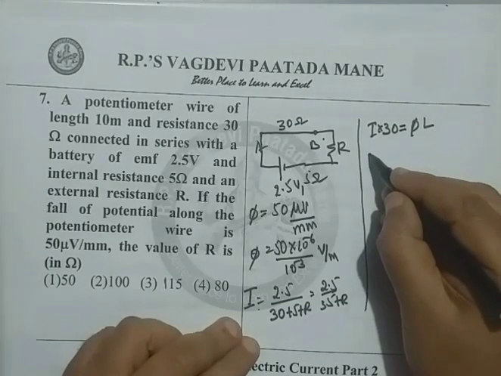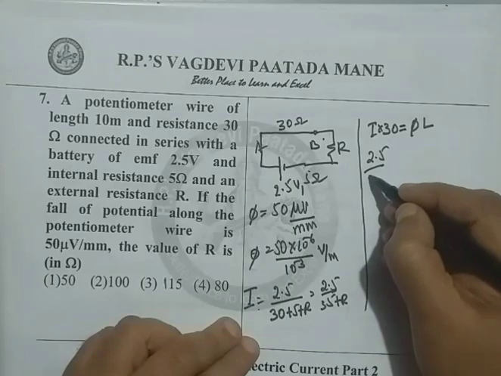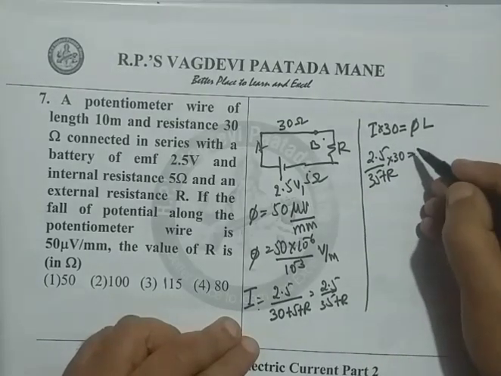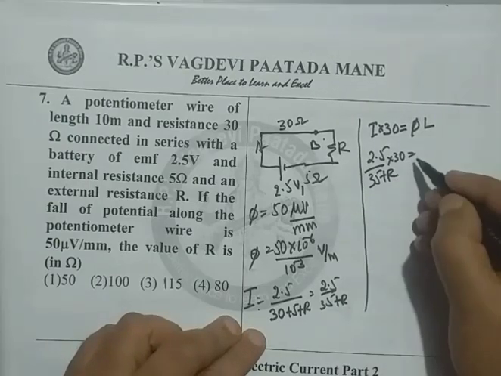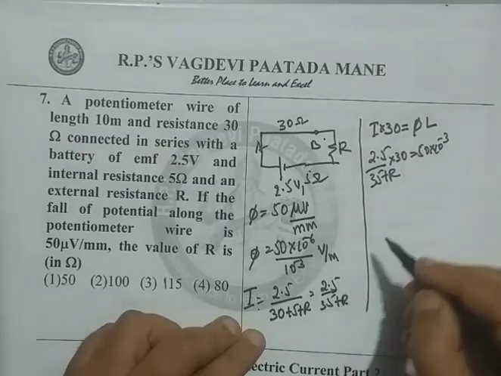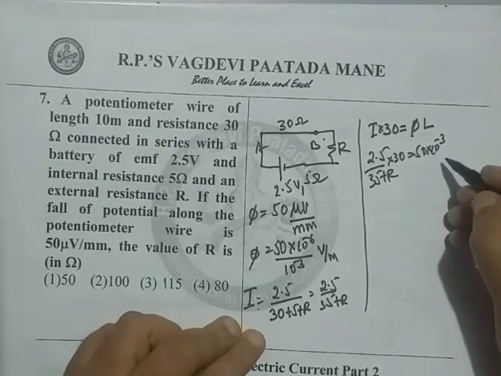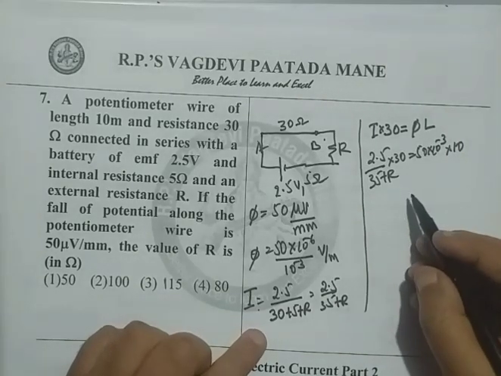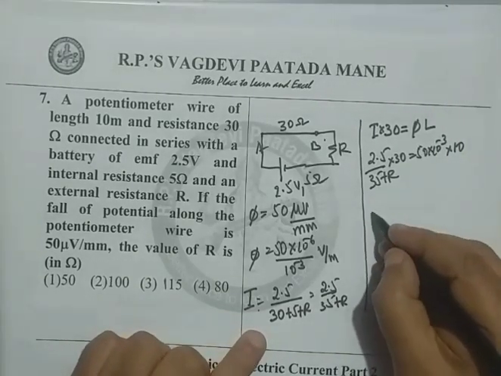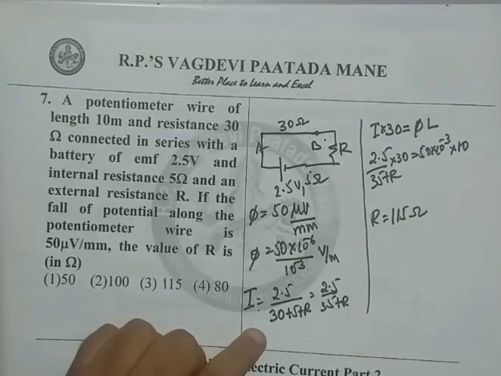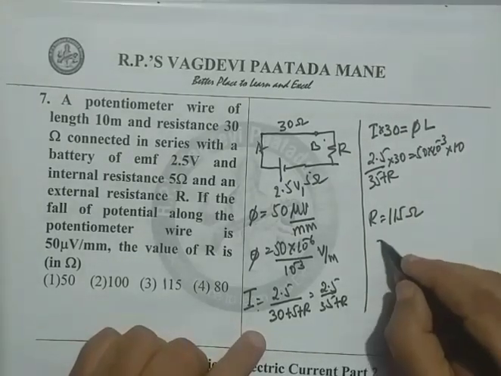I is 2.5 by 35 plus R, into 30, which is equal to 50 into 10 raised to minus 3, into L, which is 10. If we simplify this for R, we get R as 115 ohms. You can easily simplify and get the answer. So option 3 is correct.